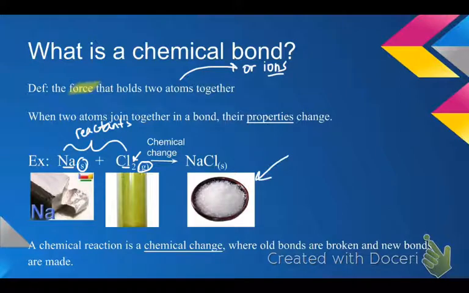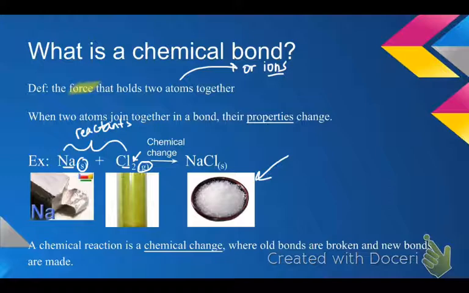So sodium chloride is made up of these crazy intense elements, but when you bond them together, their properties change so much. I mean, the color, the odor, the texture, all of these things change and the properties completely change.